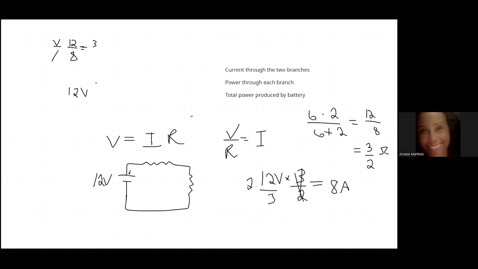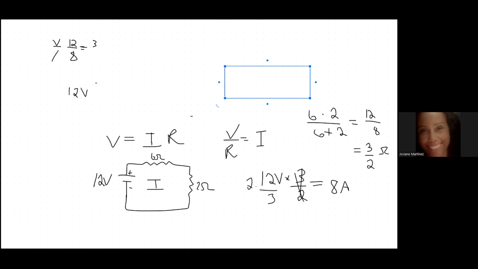But when you just have one loop, one path, we now have one current that flows through all of the elements. And we're going to use the same 6 ohm and 2 ohm resistors. Now I need to answer the same questions, but this time we don't have branches, we just have elements. So the question is, what is the current through each element?